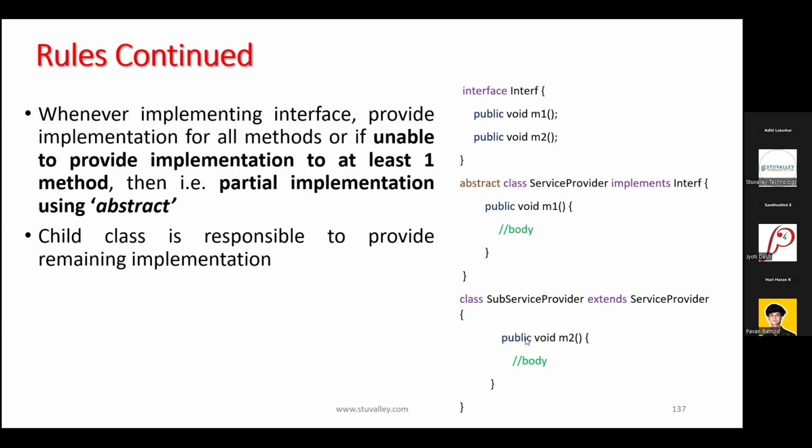Okay. So M2, which is abstract inside the service provider class, remains as it is. That's why this child class is responsible to provide the remaining implementation. Suppose there are hundreds of methods inside an interface and you are providing 50 here and 15 in child classes. That is up to you. Whatever the remaining methods are, the child class is responsible to provide the implementation.